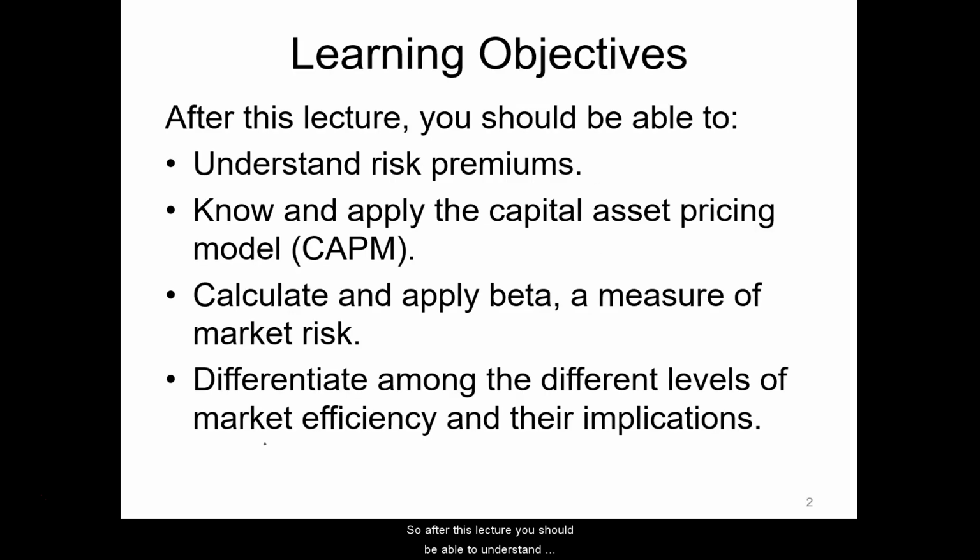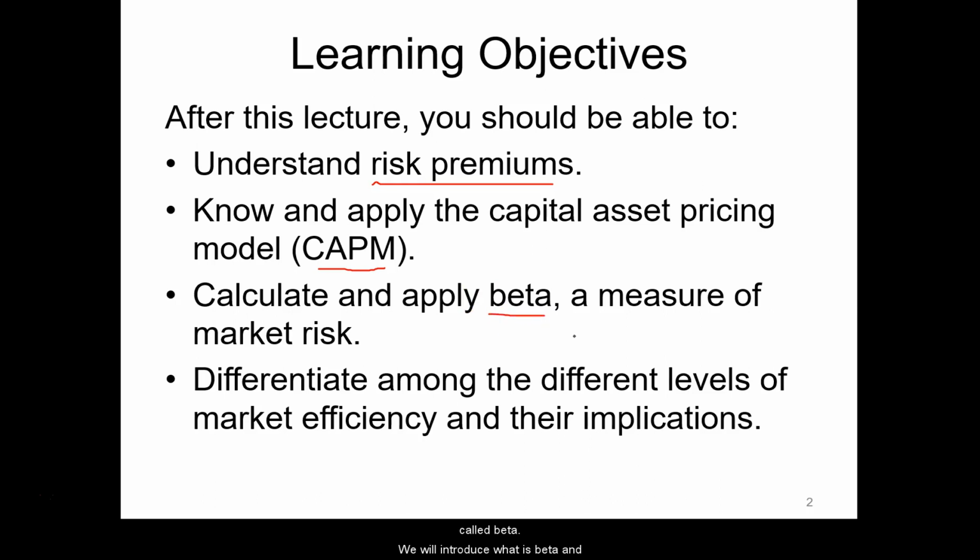So after this lecture, you should be able to understand this concept of risk premium. And we'll try to apply the capital asset pricing model, what we call the CAPM model, to estimate the required rate of return for a stock in the future. In the CAPM model, there is an important variable called beta.